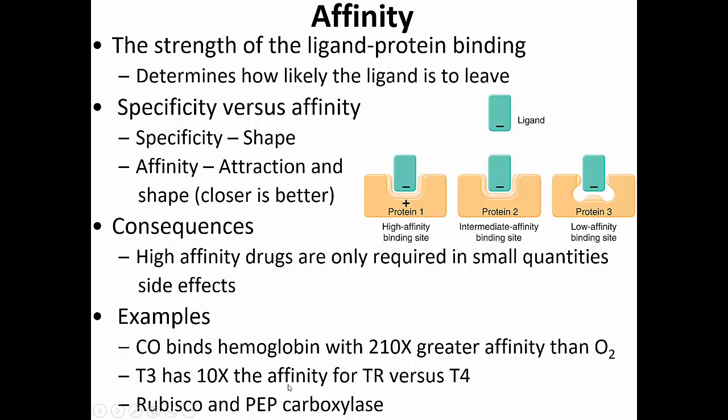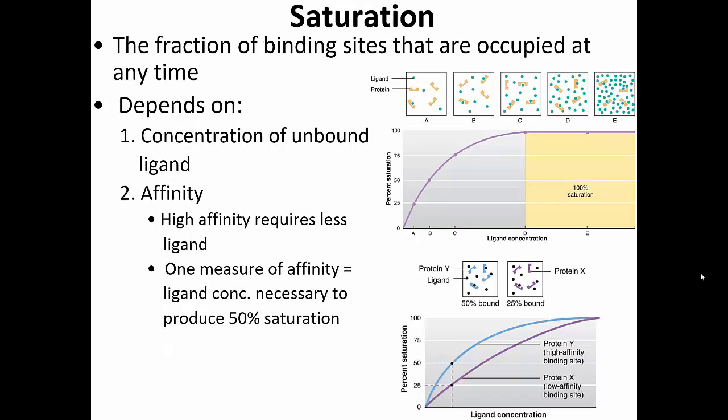And so this story of affinity, the strength of the bond between a ligand and a protein, is important in numerous aspects of biology. We also discussed saturation in our discussion of the interaction between proteins and ligands.